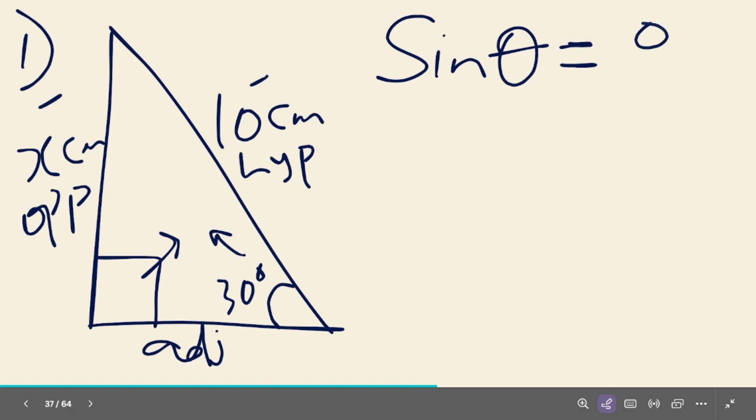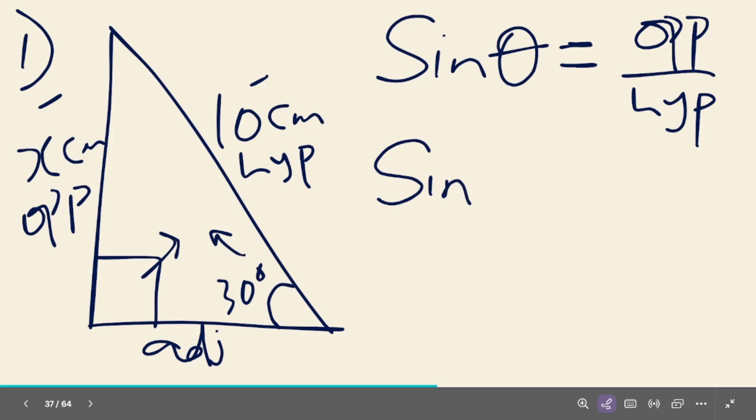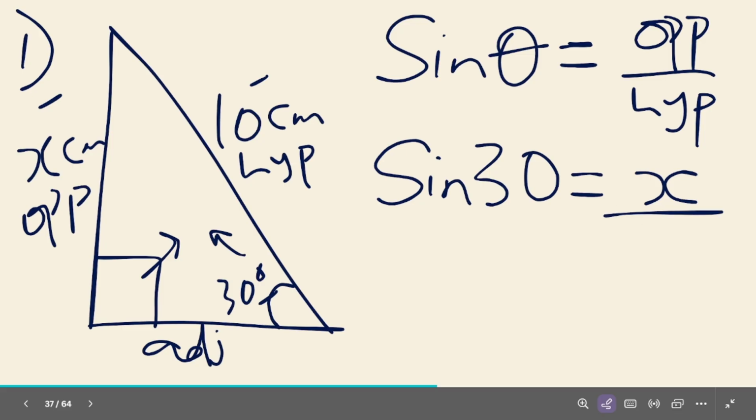So this is going to be sine theta is equal to opposite over hypotenuse. Now we substitute. What is our theta? Theta means the angle that is given. In this case, it is the 30 degree angle of interest. So sine 30 is equal to opposite, which is unknown. Like I said, you can use anything in case x is sounding difficult for you to use.